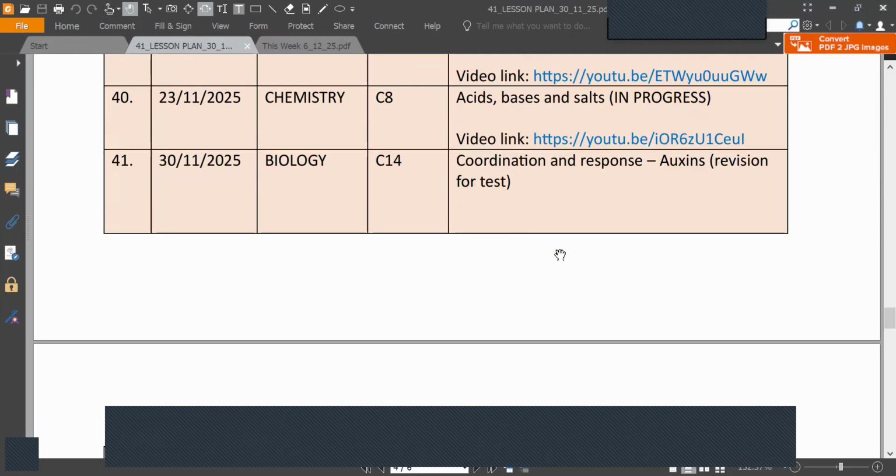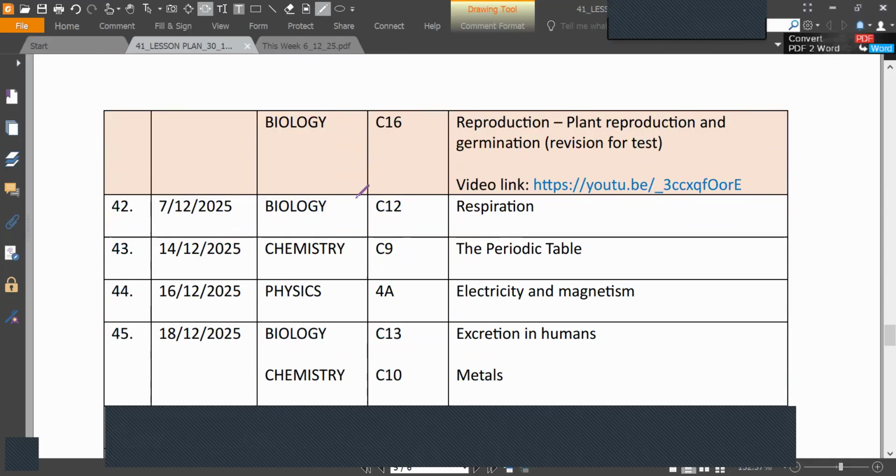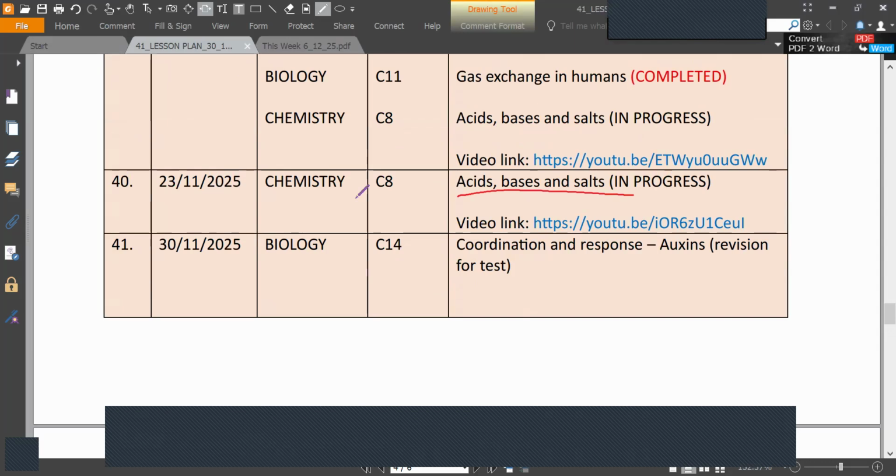So we will continue with the chemistry: acids, bases, and salts. Okay, I thought we were going to prepare for your test. Okay, no problem.